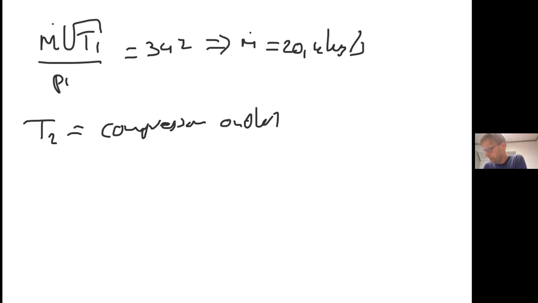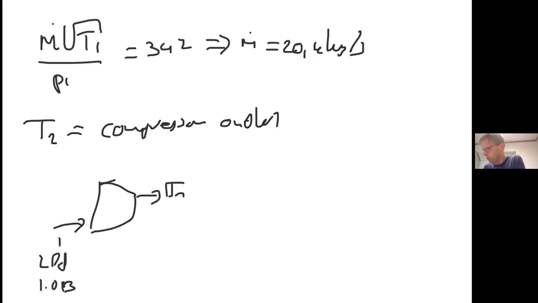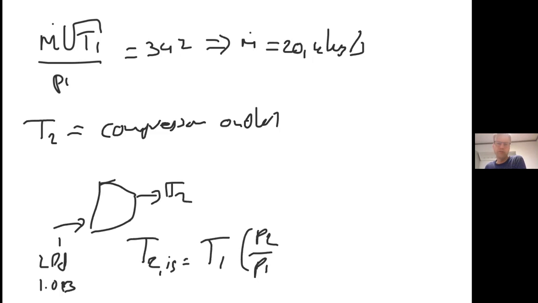So we have here the compressor, 288. Okay. So T2 isentropic is given by the famous pressure ratio, P2 over P1. There's a question about 342. If you look on the previous slide, I think I did put it on the internet, but on the compressor diagram you can see that the 342 is from the compressor diagram.